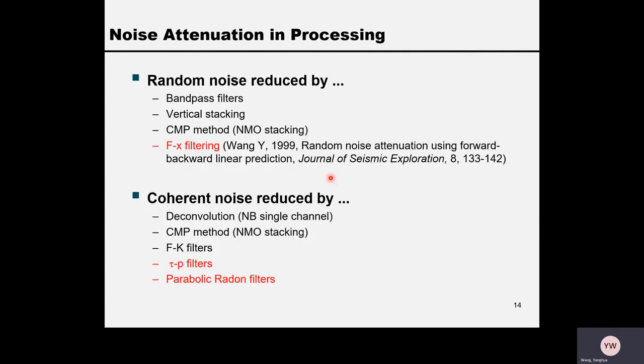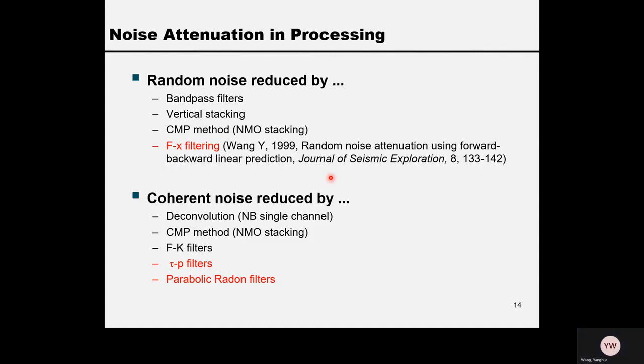Noise attenuation in processing. For random noise, we can use bandpass filters, typically for high frequency random noise. Vertical stacking is also an effective way for random noise attenuation.